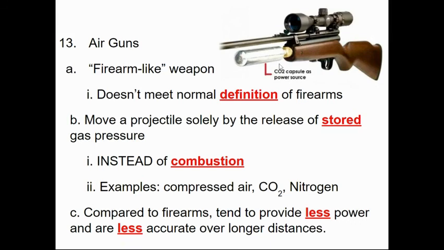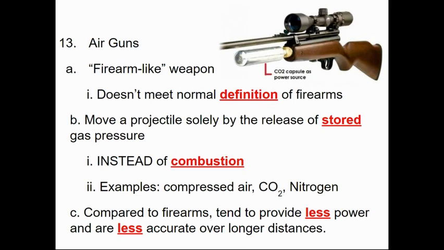And there are some other methods and some other gases that can be used. But compared to firearms, they tend to be less powerful and less accurate over longer distances, but they can be lethal, they can be deadly, and they can be used in crimes and have forensic significance.